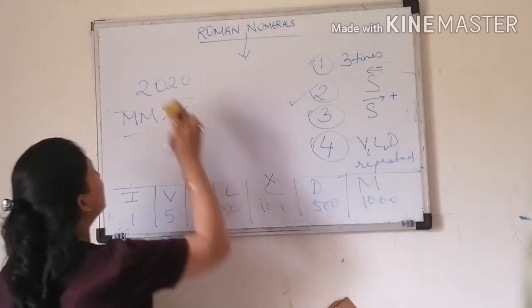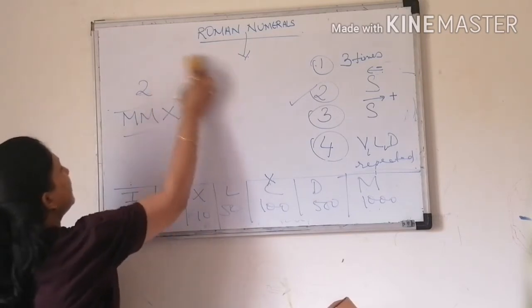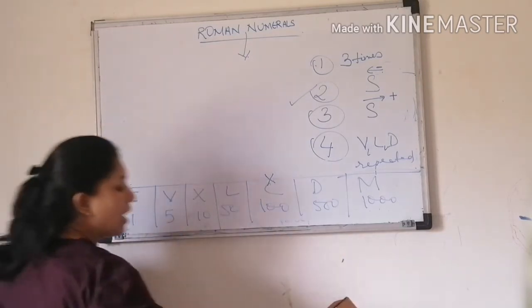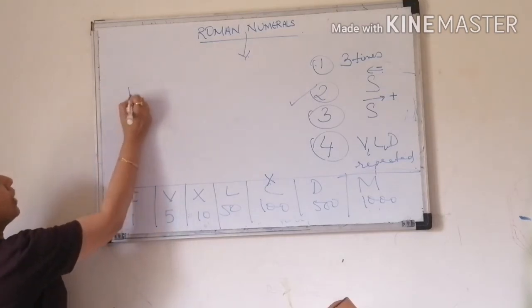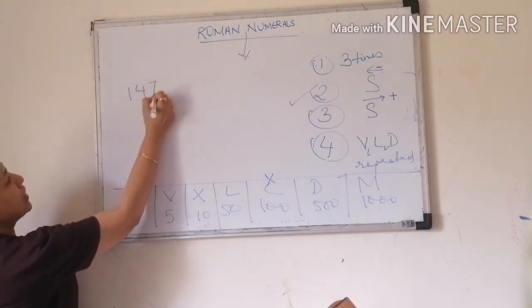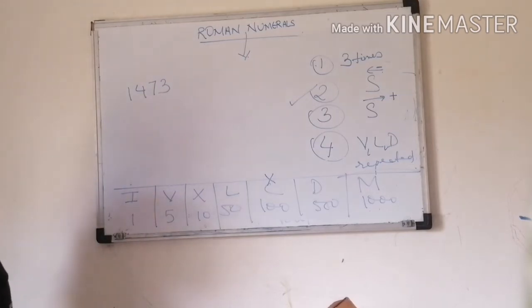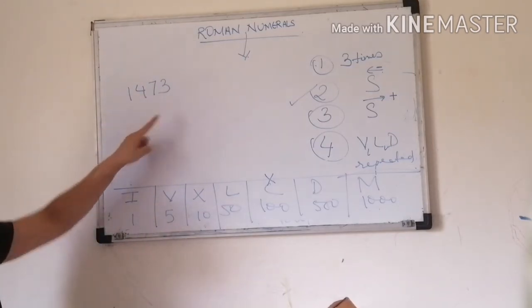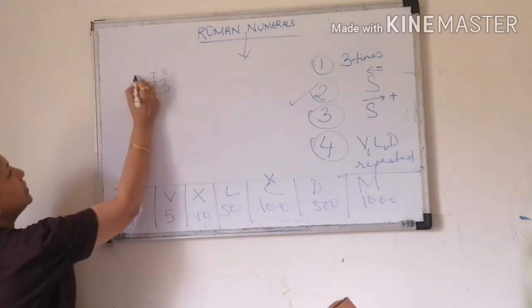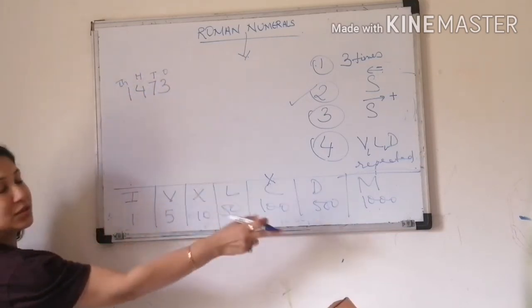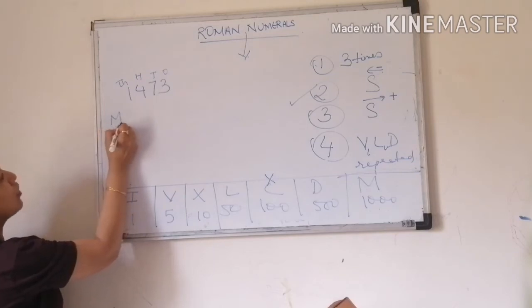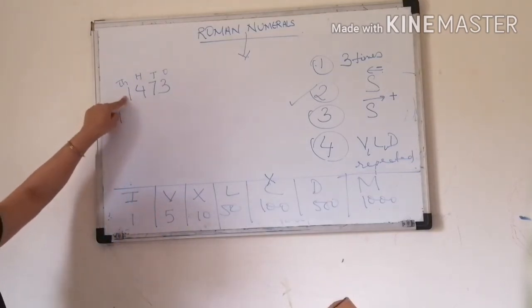But suppose I had been asked to write, take one example from your book, 1473. Then what will I do? See, ones, tens, hundreds, thousands. So 1000, start writing. My M will serve the purpose because M is 1000.